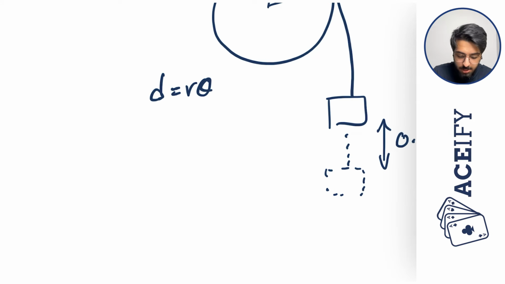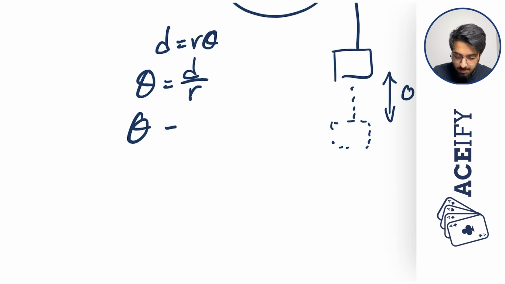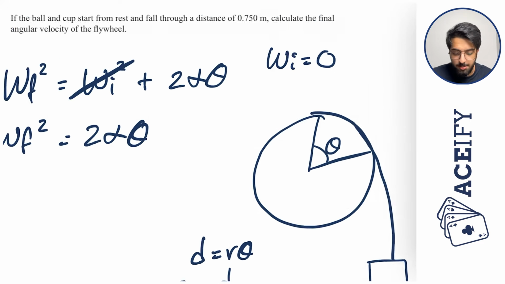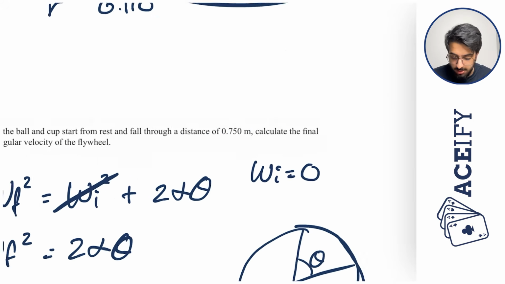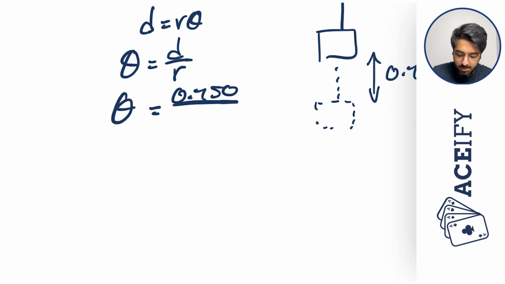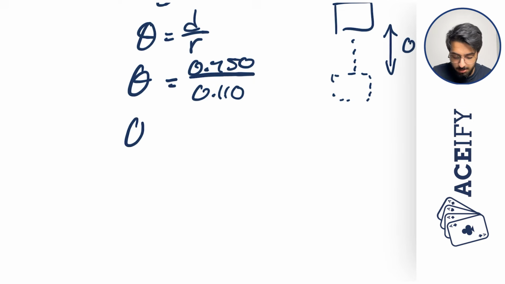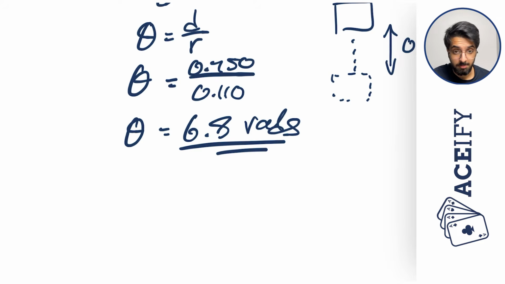And so we can rearrange for our theta and we get d over r. Therefore our theta is equal to 0.75 all over the radius of the flywheel, which I'm pretty sure is given. Oh yes, I pointed it out, it's 0.110. And therefore our theta is 6.8 radians. That's pretty big. Remember, our full rotation is 2 pi, which is 6.28, right?